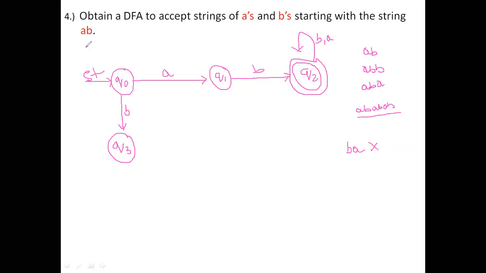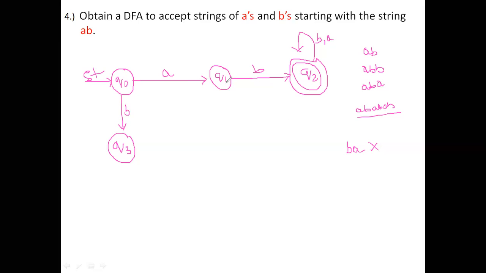The previous skeleton I designed without this trap state works properly, but we need to mention all possible inputs for the transitions. Because of that, Q0 to Q3 we provide on B. So for Q0, we got both transitions, for A and for B.